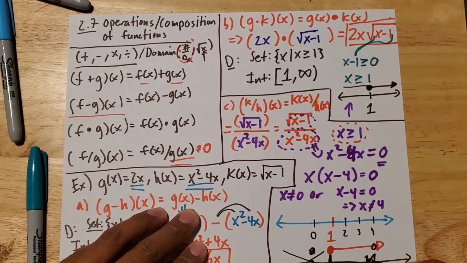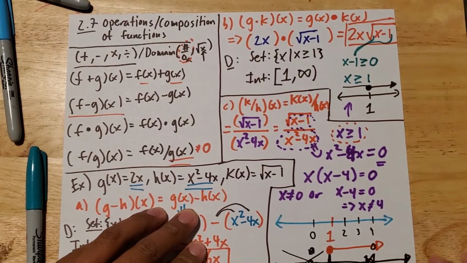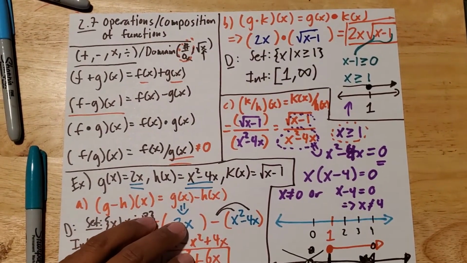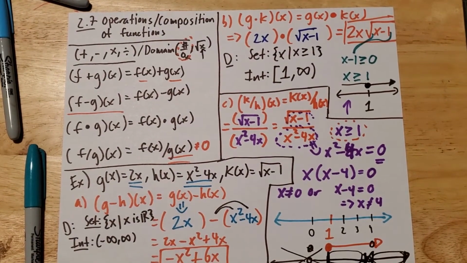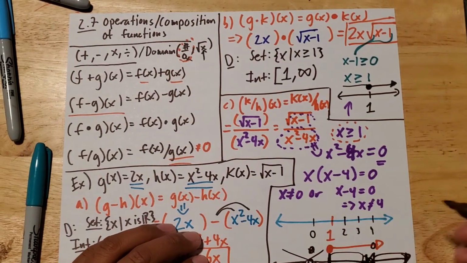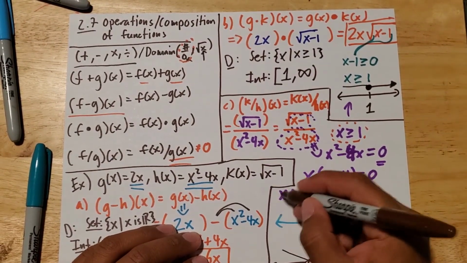And then we have to start again and then go to infinity. So what ends up happening is my solution are these 2 portions of this interval. So what that means, when you're writing your domain, let's say if you write it in interval notation, let's see if I can squeeze this in here somehow.